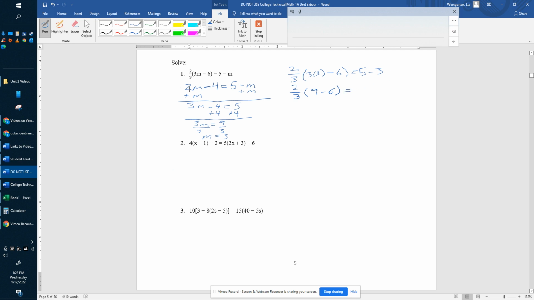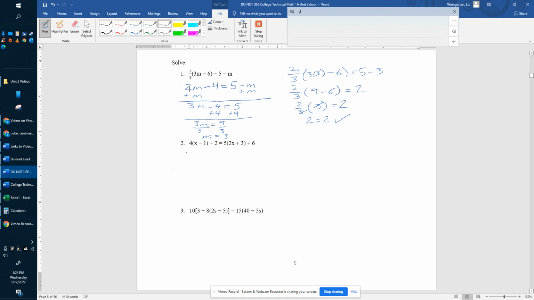And on the other side of the equation, we only have one operation. 5 minus 3 is 2. We'll do what's in the parentheses again here. 9 minus 6 is 3, equals 2. 2/3 times 3, the 3 is going to cancel out, and we end up with 2 equals 2, which is exactly what we wanted. So this answer is correct.